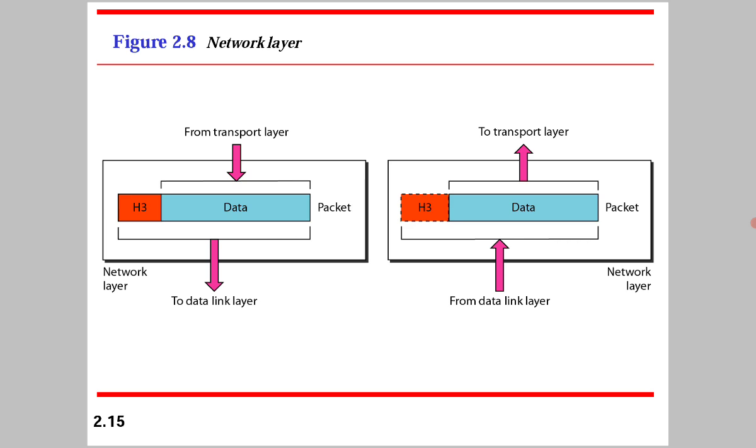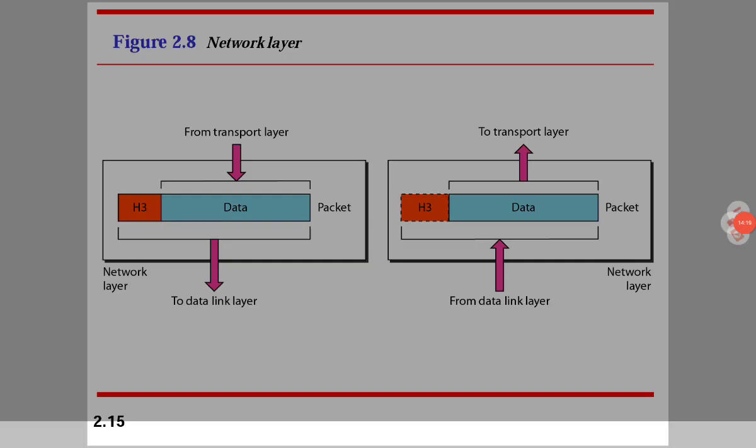In host 1, we receive data from the transport layer at the network layer, and the network layer passes the information to the data link layer. In host 2, we receive the packets from the data link layer and pass them on to the transport layer. This is the basic working of the network layer.